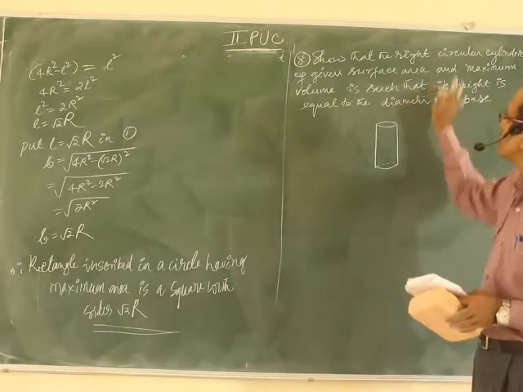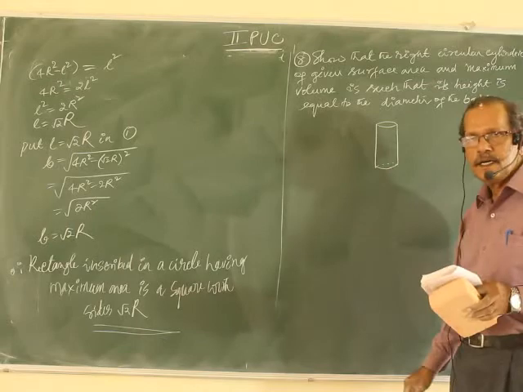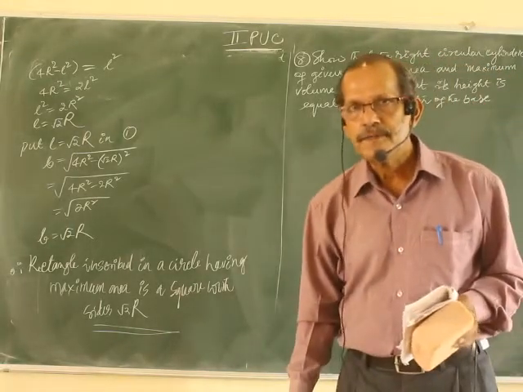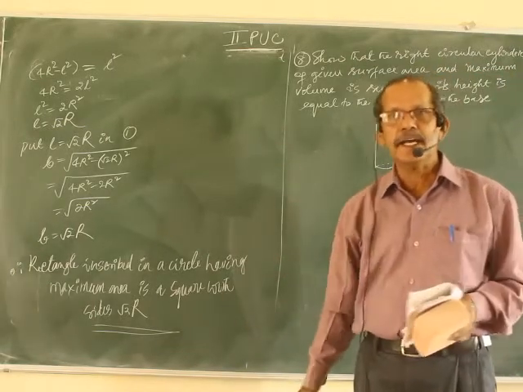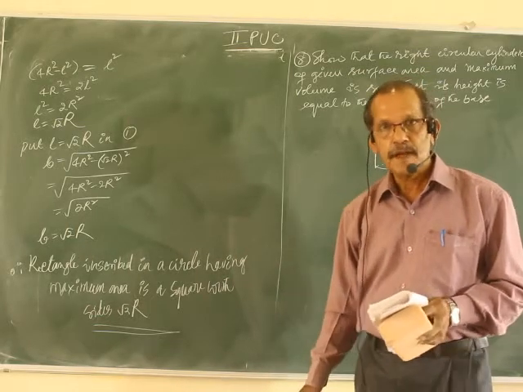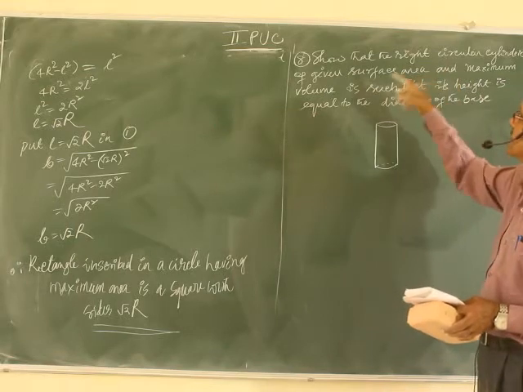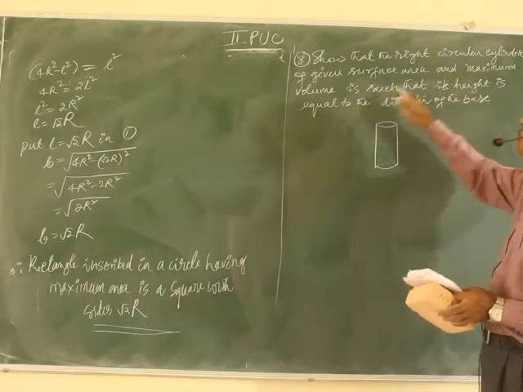Remember, the total meaning of this problem is that a particular area sheet is given, a tin sheet is given. And the given tin sheet, you cannot change. It is a given, fixed area, 18 square centimeter. Now, using that, you have to prepare a right circular cylinder having maximum volume.